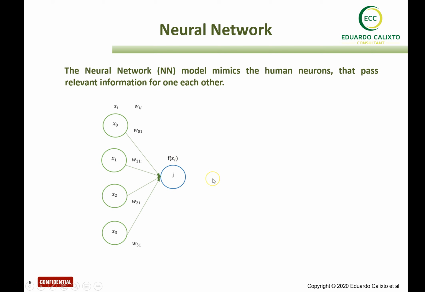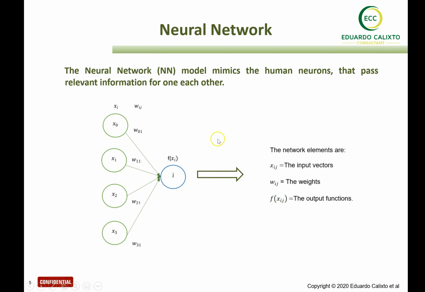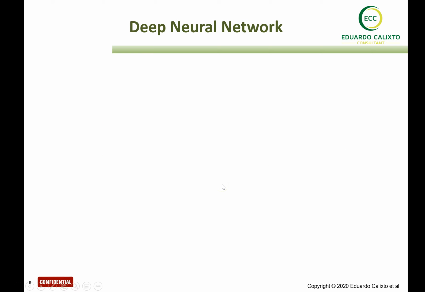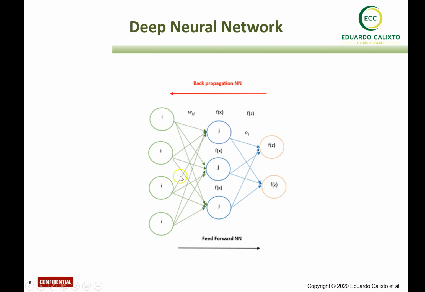When you have a more complex configuration, we have classes. It depends on our problem. As we already saw, we can have classification and regression. So in the end, we have an output function after this layer that will produce an output. This is a very simple case where we only put the output. However, we can have a neural network that has the input layer, hidden layer, and output layer.